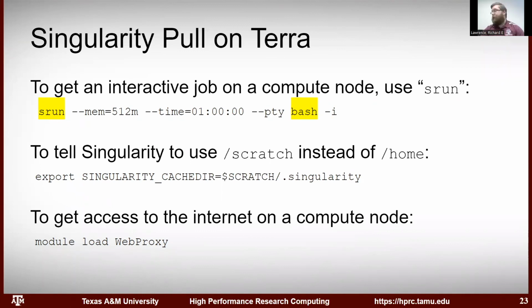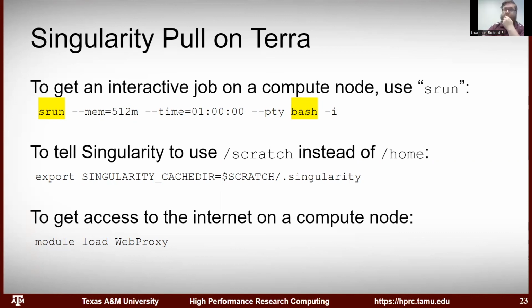Now, Singularity by default will use a cache in your home directory while it's doing its work. It's possible if the file you're downloading is so large that it will overflow this cache, you'll run out of quota in home and not be able to complete the operation. So I recommend that you tell Singularity to use a cache in your Scratch directory instead. So the way to do that is to set this environment variable.